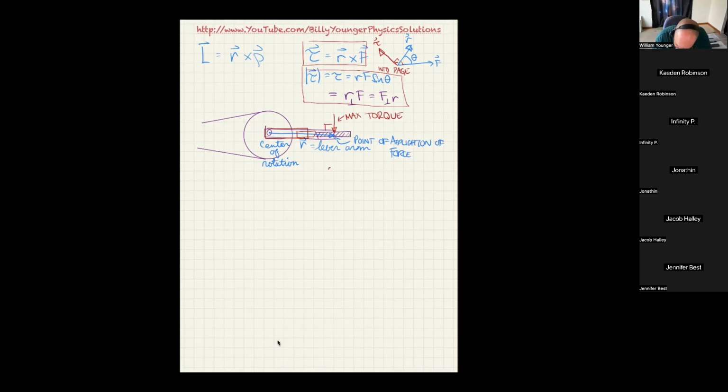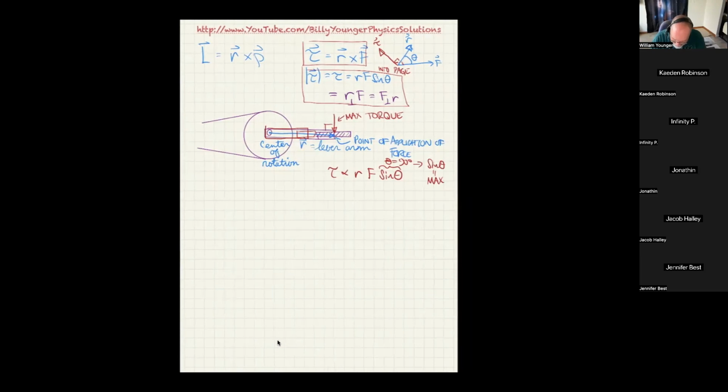So, you see that torque should be proportional to R and it should be proportional to F, and then it should be proportional to sine theta, because theta equals 90 degrees implies sine theta equals a max value. Okay, so that's the key to understanding torque.